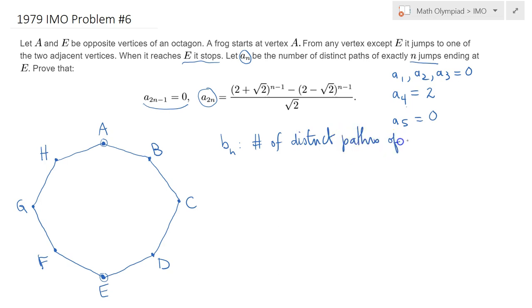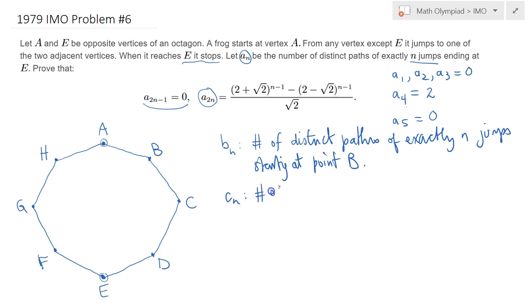of exactly n jumps, but the critical thing is starting at point B. In a similar way, I can describe C sub n, the number of distinct paths starting from C to E. Does that make sense?